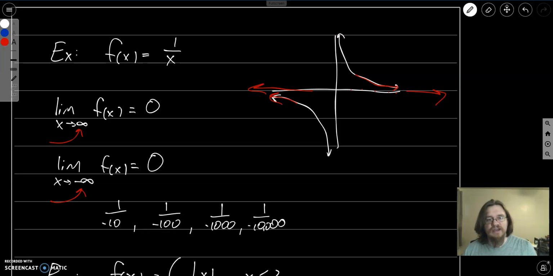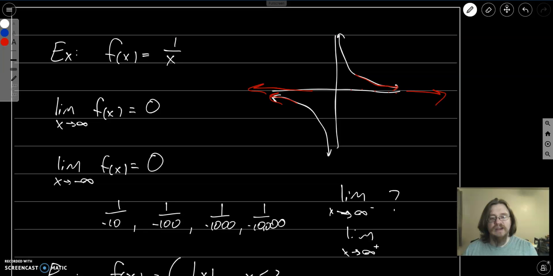One quick aside, which is going to seem a little bit silly, but worth mentioning. Could I talk about limits as x approaches infinity from the left or from the right? Well, if we think infinity is basically as far right as you can ever go, it's further to the right than any number.